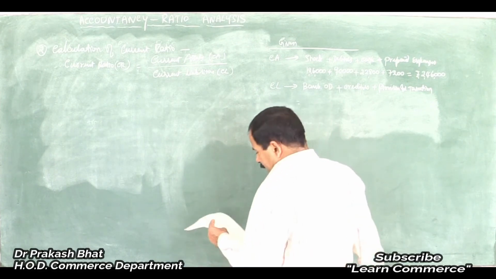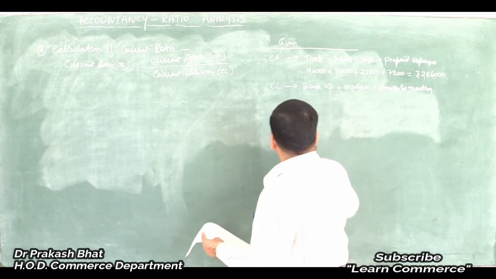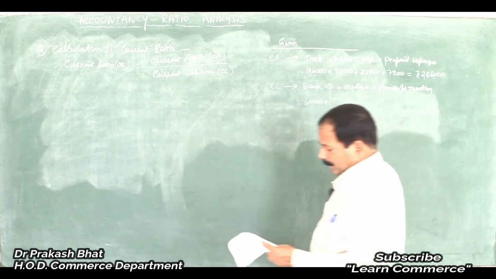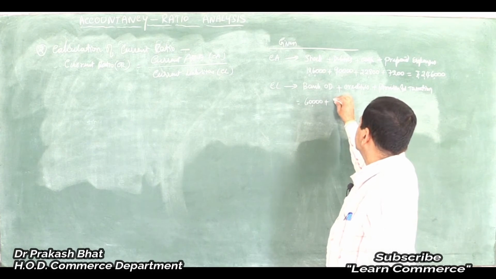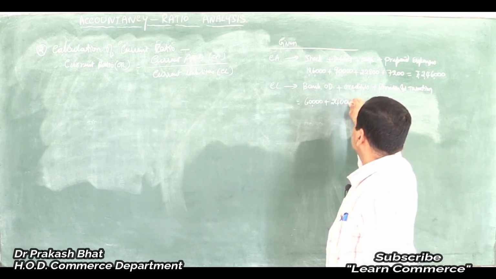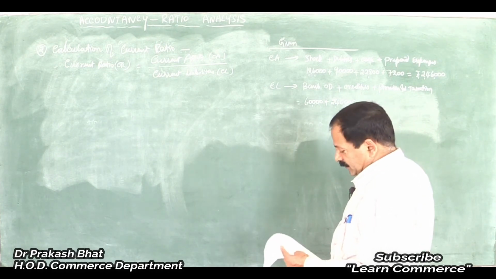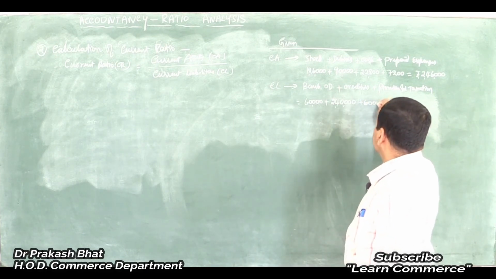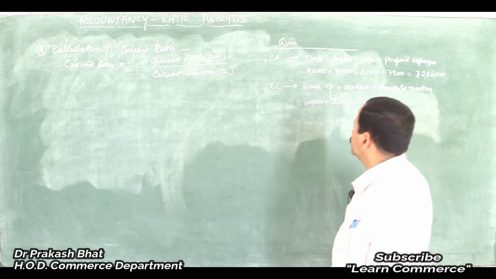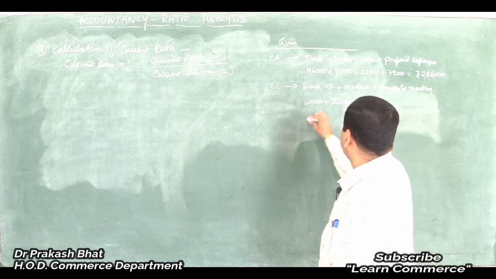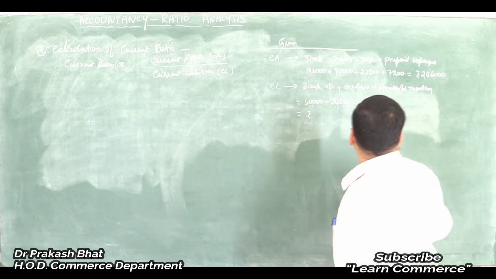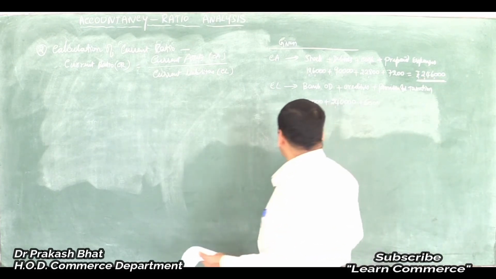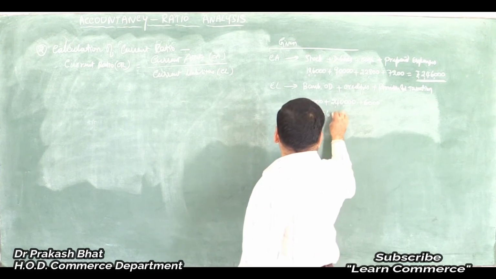Bank overdraft, how much? 60,000 plus creditors 2,40,000, then provision for taxation 6,000, right? So this is what is given, is equal to how much? Rupees 3,06,000.